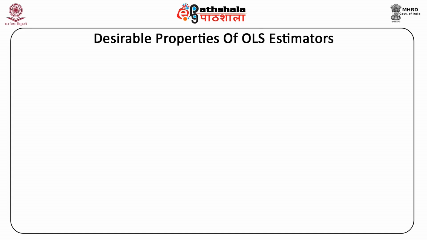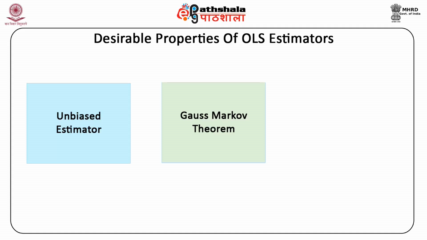The three desirable properties are: first, unbiased estimator; second, Gauss-Markov theorem; and third, the ability to perform statistical tests. If these occur, the inference process will be carried out in optimal conditions.